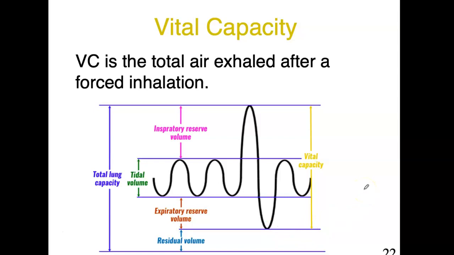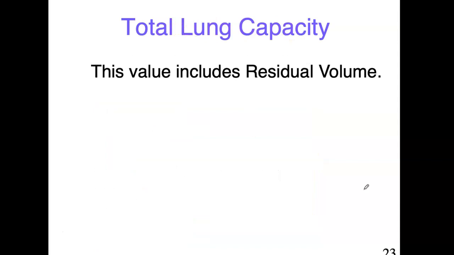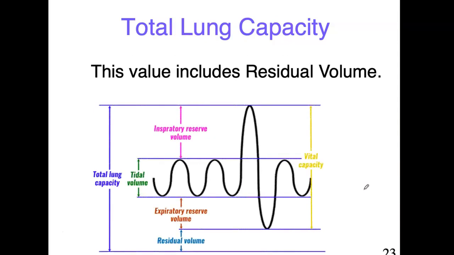When we do this in class, in person, we get very different values for different individuals in the class for the vital capacity. Total lung capacity then includes the residual volume. The total lung capacity in blue here, as I explained, is total, and it includes that residual volume there. But as I said, in medicine, it's more common to use the vital capacity. That's the value of air that you can move.